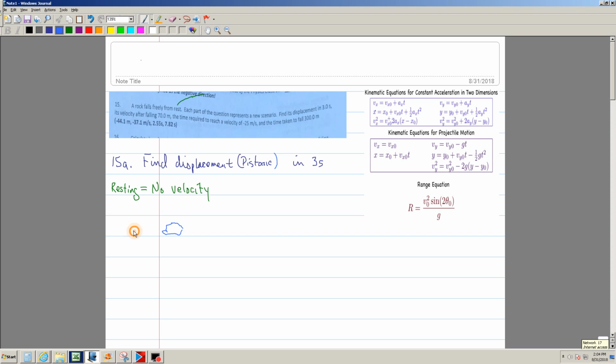Since it's going to go up and down, this is going to be y sub o, the initial distance. If you were throwing it up, it would be positive, but since it's falling, it's negative. So you should have a negative distance since it's falling.